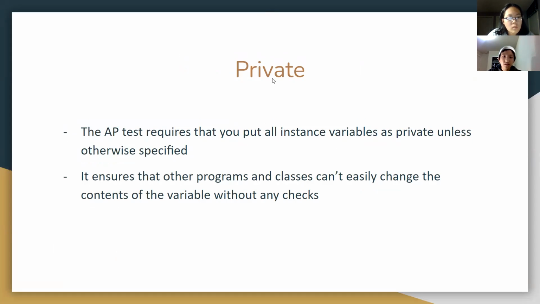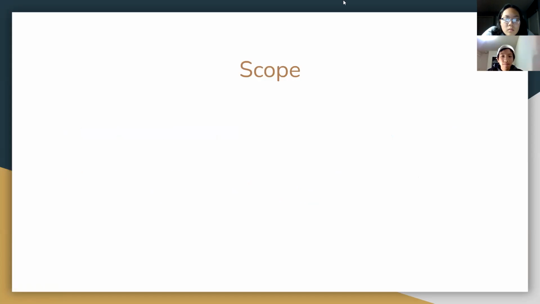Another advantage of creating private instance variables, or variables in general, is that other programs and classes cannot easily change the contents of the variable without any checks. These checks are going to end up being get and set methods, actually mainly set methods. But yeah, that was public and private, short and sweet.